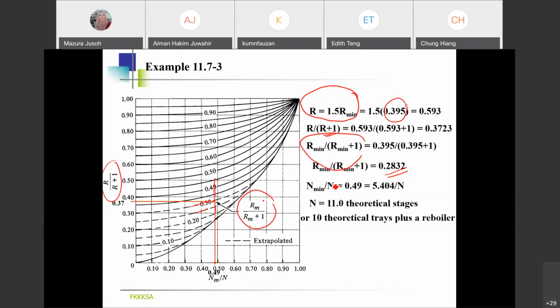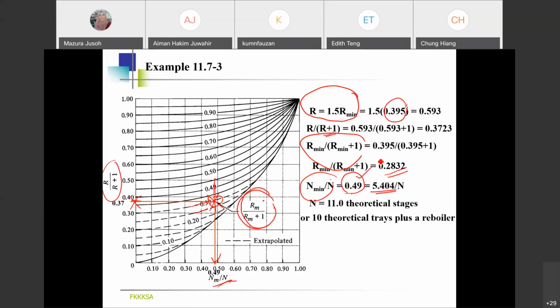Then you get your N min over N. This is not calculated; this is from the correlation. So you know your R min plus 1, you know your R plus 1. So basically you will get that point. From that point, you will get the value of N min over N as 0.49.